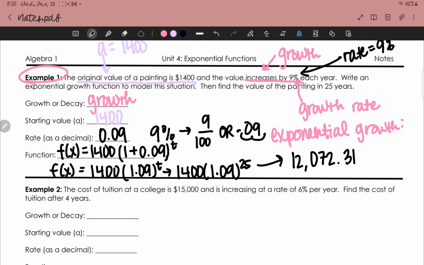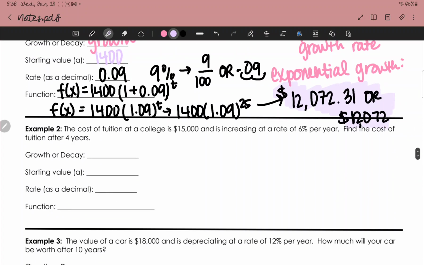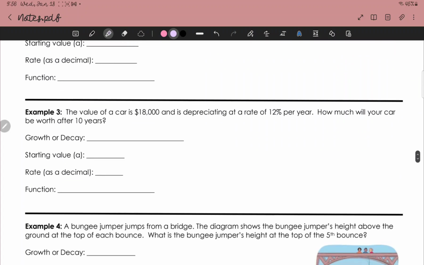If they wanted it to the nearest whole number, we just say $12,072. Either way works for me. It is very straightforward here with exponential growth or decay. So that should be pretty much it.